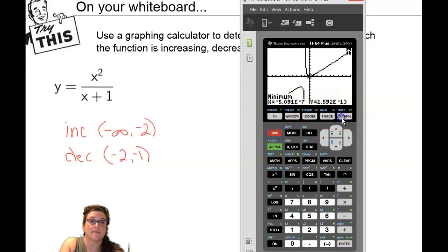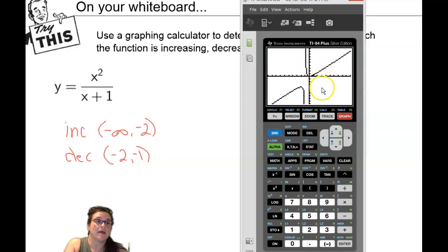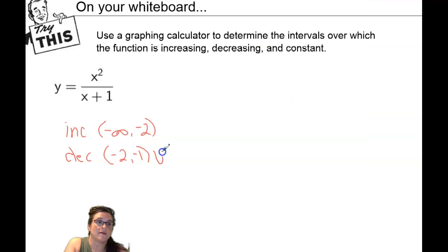So if I check my table again, there's the 0, 0 that I can see would be my relative minimum. So the function is decreasing from that vertical asymptote at negative 1 until x equals 0, and then it turns to increasing, picking up at 0 and heading off to positive infinity.